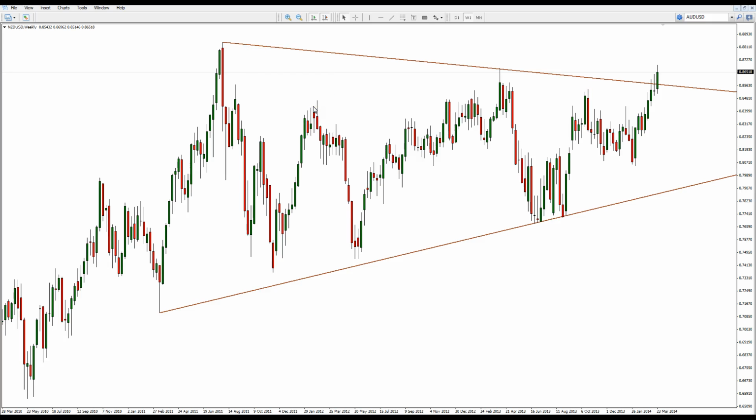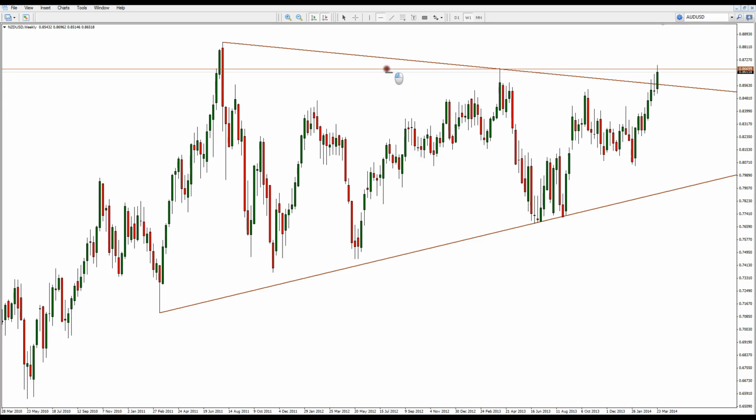The most important is the fact that we have two levels that will help the price to make a range market between these two levels.